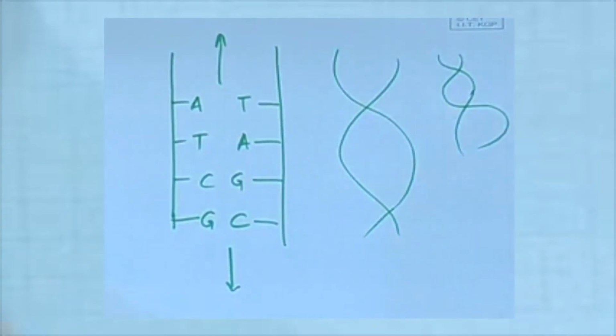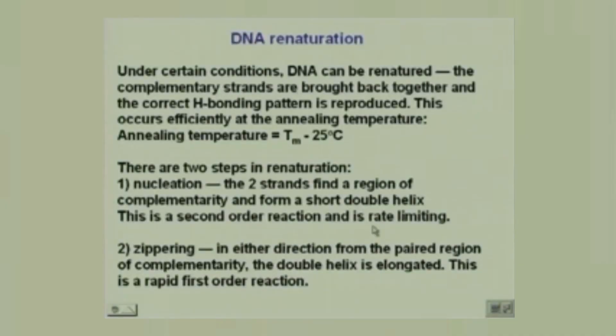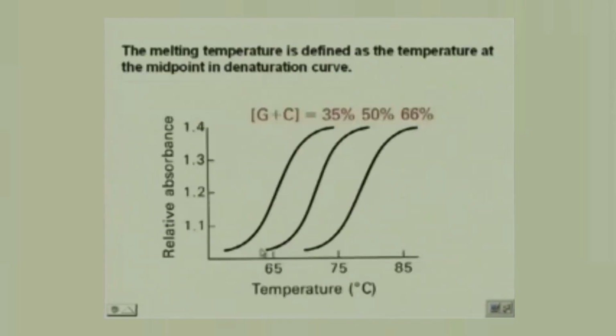So, the nucleation step is important, that is rate limiting in finding the two strands where you have the complementary region, and then it zips up in both directions, and if it finds the right kind of base pairs, obviously it is going to be very fast, it is a first order reaction and it is pretty rapid. Okay.